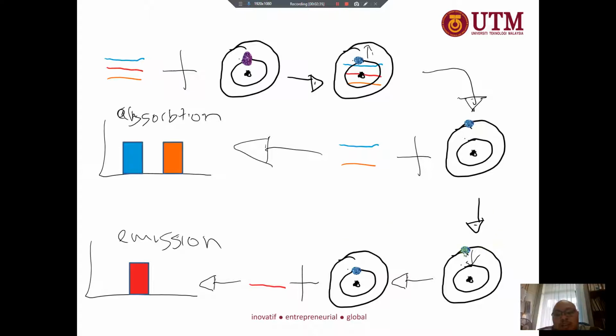So after a while, the electron will go back to the inner orbital and it will release the frequency that the analyte absorbed, in this case the red one. When it releases the red one, the data reader can read the emission of the red frequency. Okay, this is the idea of how electromagnetic radiation at different frequencies interacts with the analyte of interest.